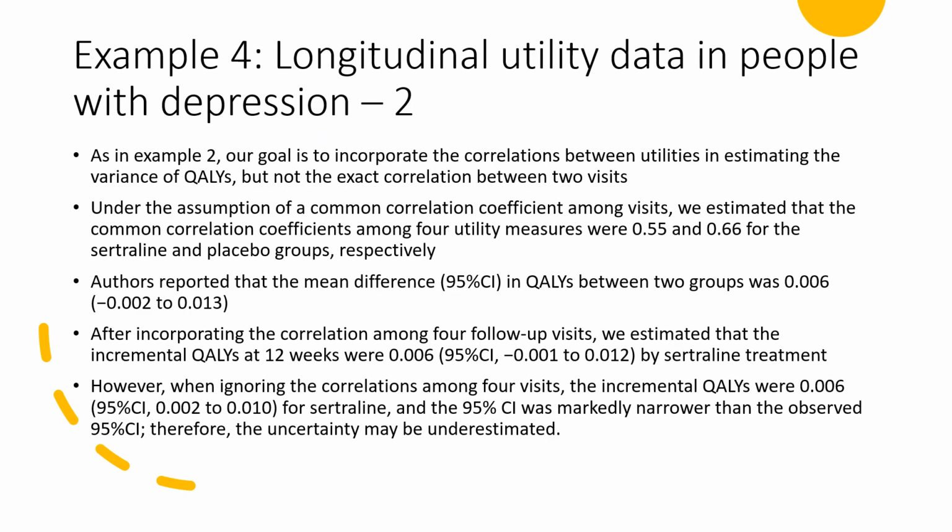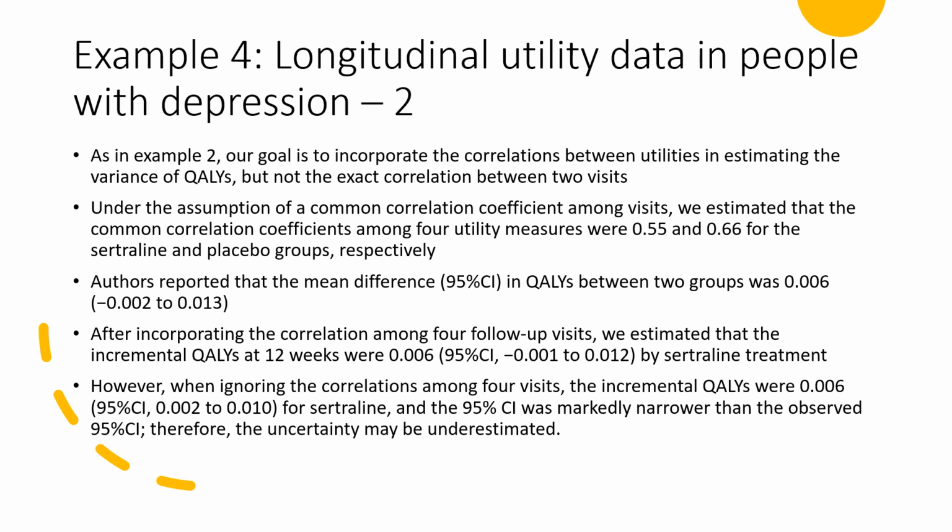Our goal is to incorporate the correlations between utilities in estimating the variance of QALY, but not the exact correlation between two visits. Under the assumption of a common correlation coefficient among visits within each treatment group, we estimated that the common correlation coefficients among 4 utility measures were 0.55 and 0.66 for the sertraline and placebo groups, respectively.